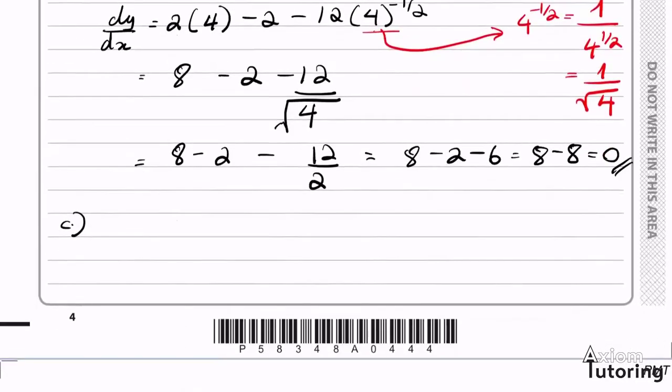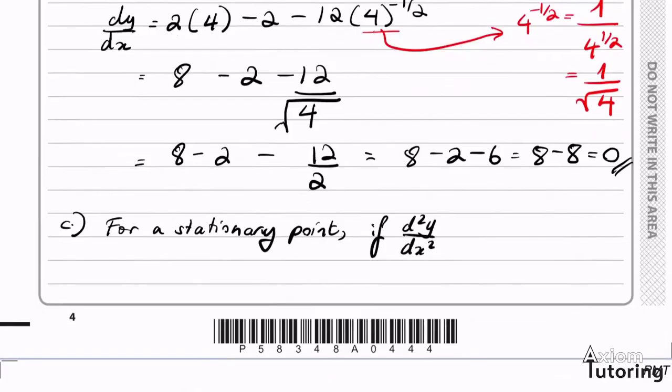So for a stationary point, if d squared y over dx squared is less than 0, we have a maximum point.